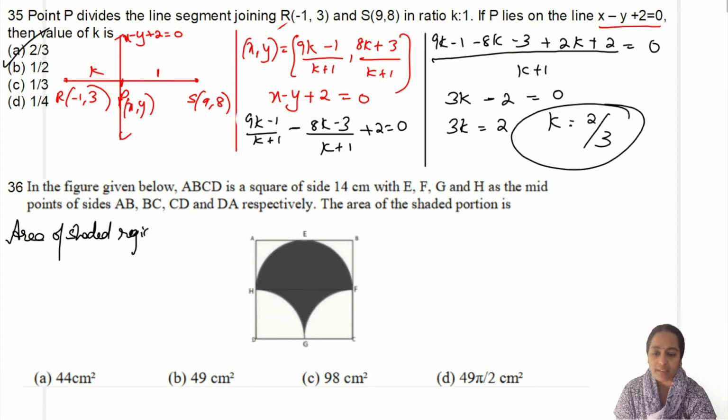Area of the shaded region is equal to the area of the semicircle plus the area of half of the square minus the 2 quadrants.